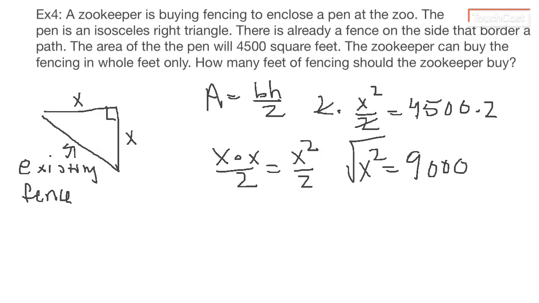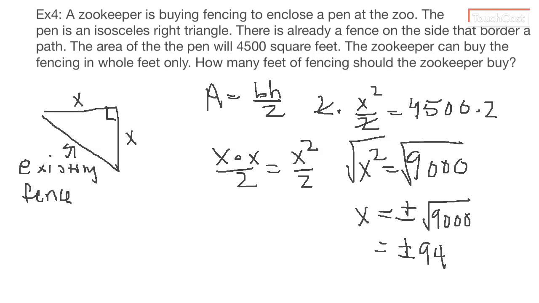Now if we take the square root of both sides, we get x is equal to plus or minus the square root of 9,000. I'm going to type this into my calculator, and that is going to equal plus or minus 94.9.